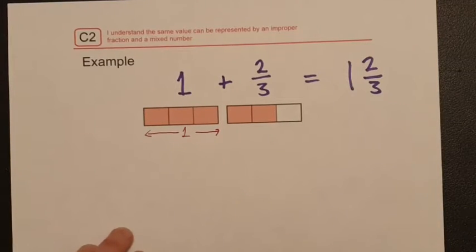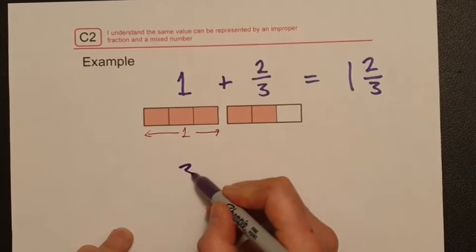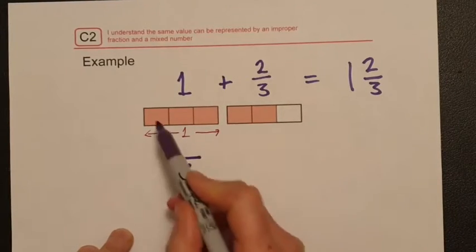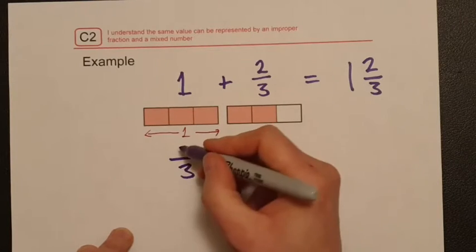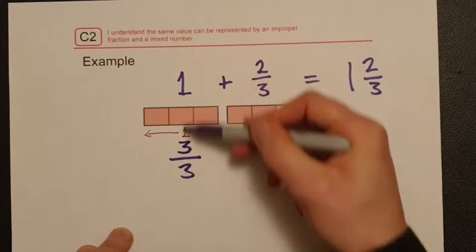Down here I'm going to interpret it as an improper fraction. Well, this bar's cut into 3, but all 3 are shaded. So that's 3/3, and 3/3 is just equal to 1.